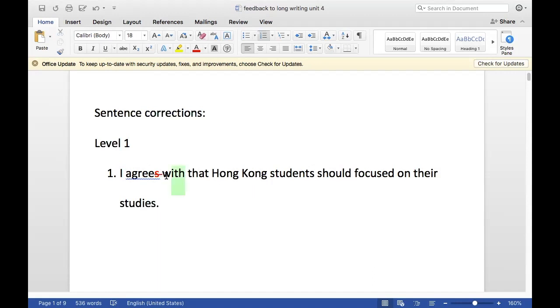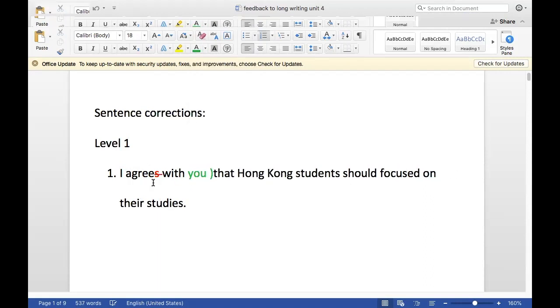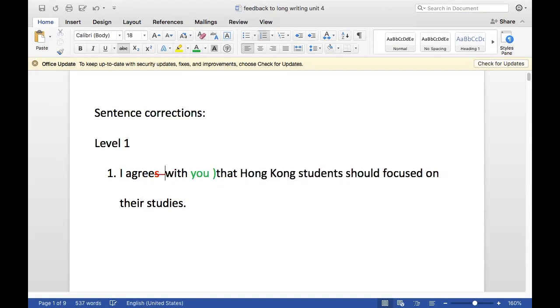You can say I agree with what? With a person, okay, with you, or this part is optional. I agree with you that Hong Kong students should. After should, no ED, right? No ED.